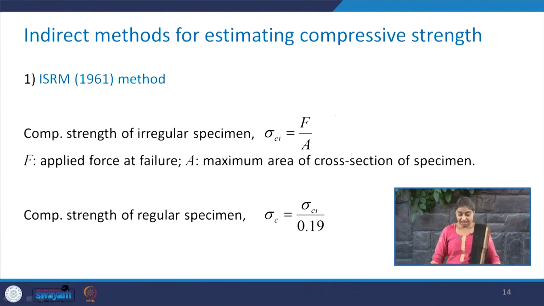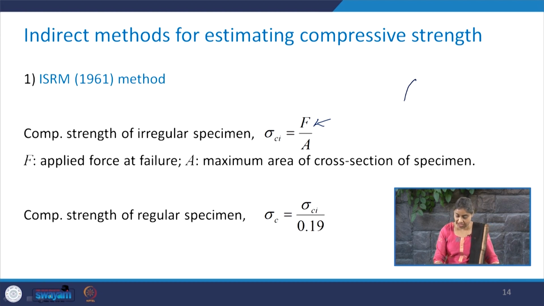In this case, the compressive strength of the irregular specimen can be obtained as sigma Ci equals F upon A. Here F is the applied load at which the failure takes place, and A is the maximum area of the cross section of the specimen.